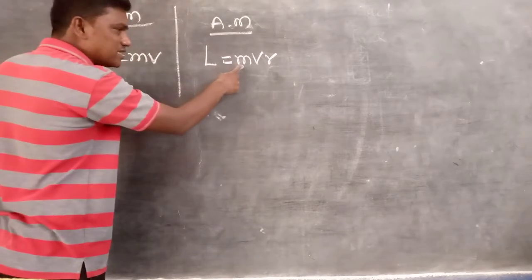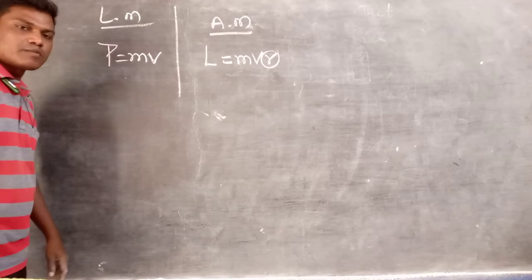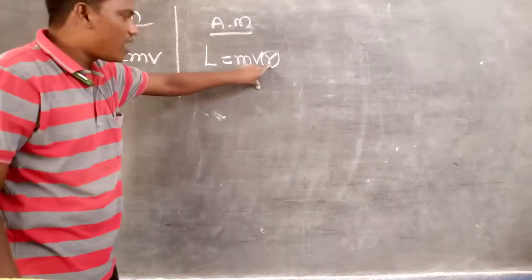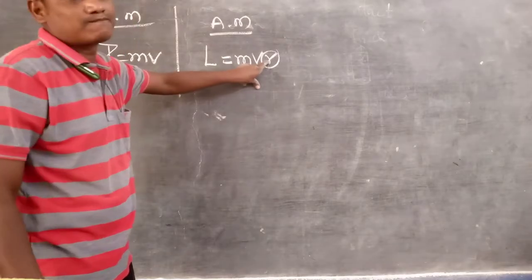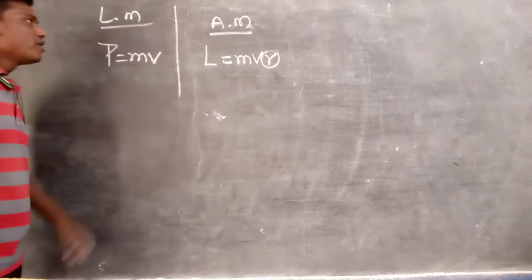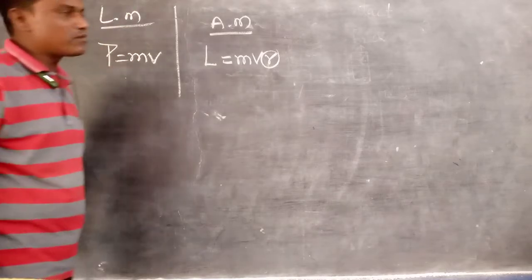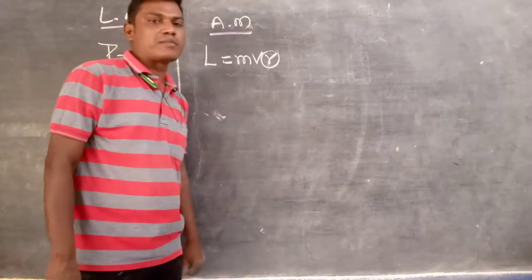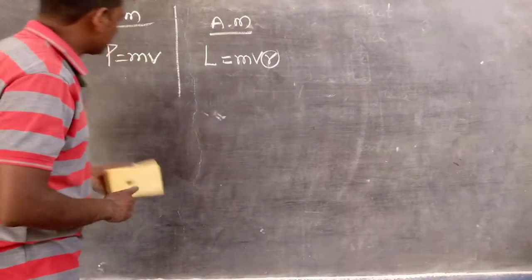Here also, m is the mass, v is the velocity. But which term becomes extra? Only the r. r is the radius of the curvature or radius of the circle. So when a body is in one-dimensional motion, it has which momentum? Linear momentum. When a body is in two-dimensional motion, it has which momentum? Angular momentum.